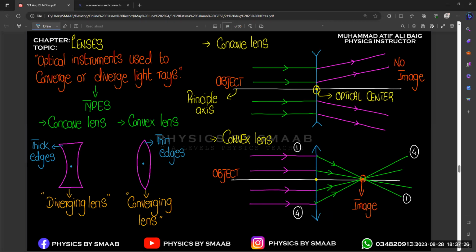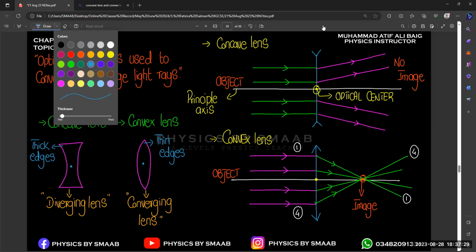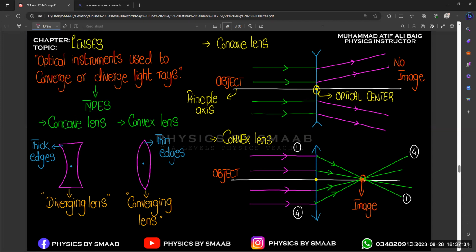Let's suppose we extend the lines, so the lines will be extended like this. You can see that all lines are now extended in the backward direction.